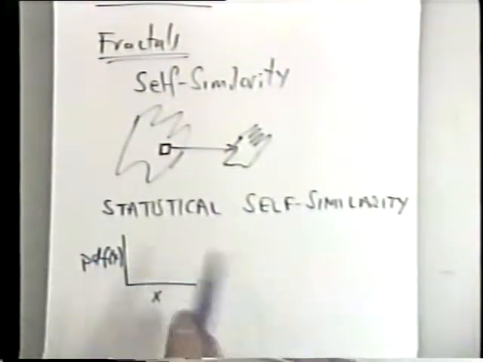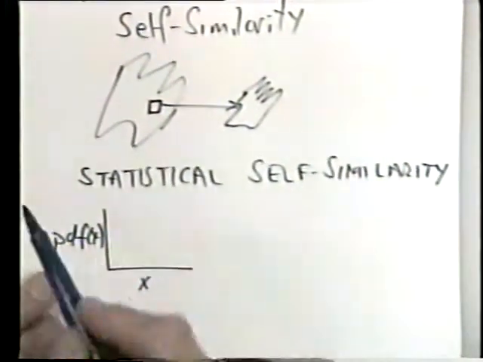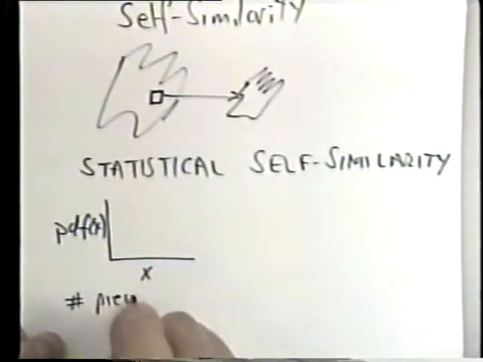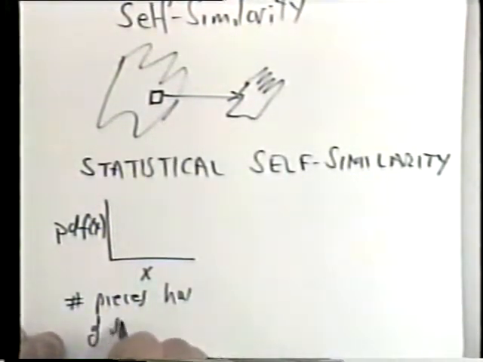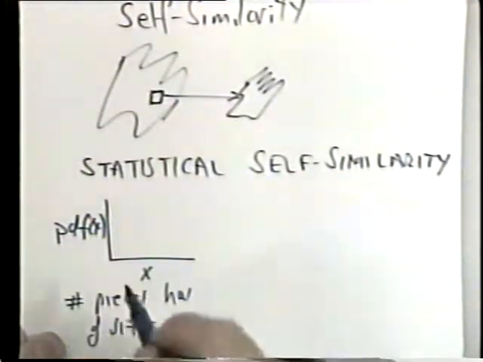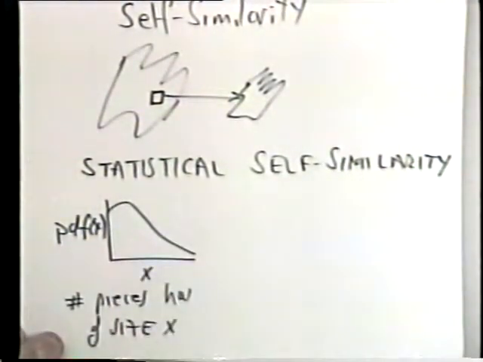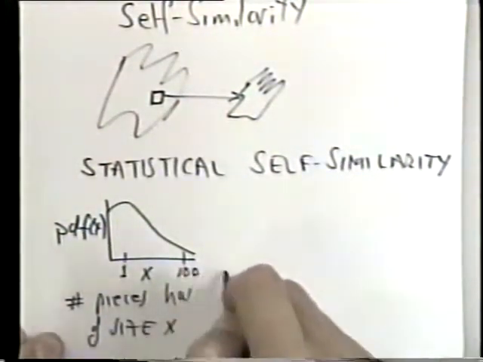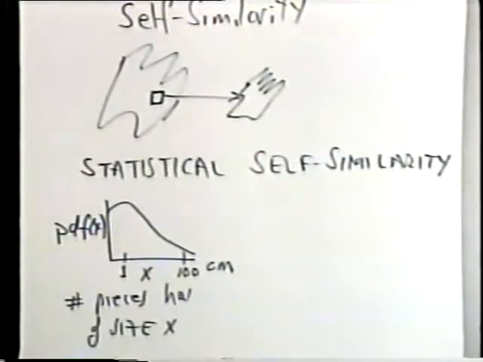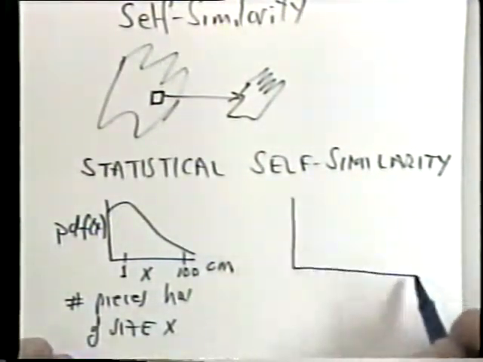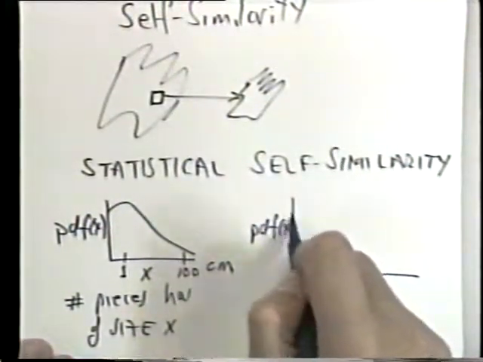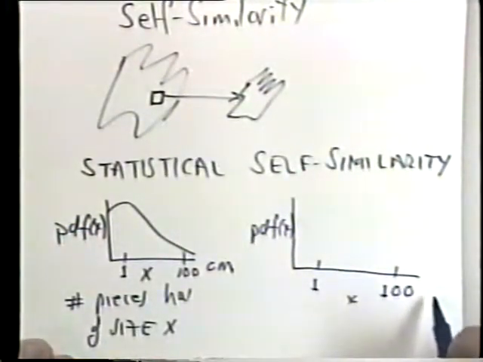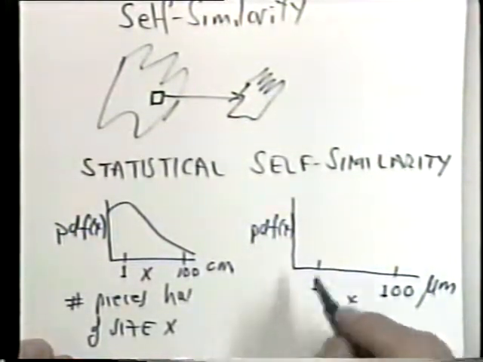The definition of statistical self-similarity is that some statistical property is measured by the probability density function. So this is the number of pieces that an object has of size x. If the probability density function has a certain form when x is large, for example if x runs from 1 to 100 centimeters, then self-similarity means that the probability density function measured when x is small, for example from 1 to 100 micrometers, has the same form.